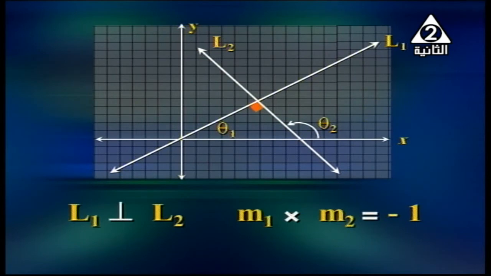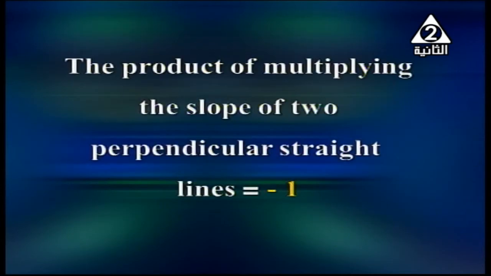And in this case, we can say that the product of multiplying the slopes of two perpendicular straight lines will be equal to negative 1. This is our rule.